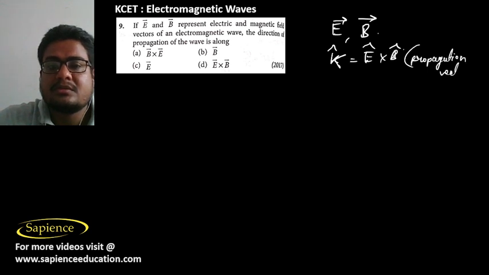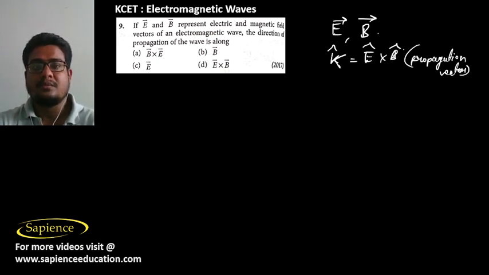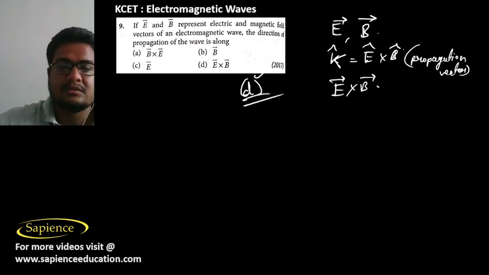It means the electromagnetic wave will propagate in the direction of E vector cross B vector. And D is the correct answer.